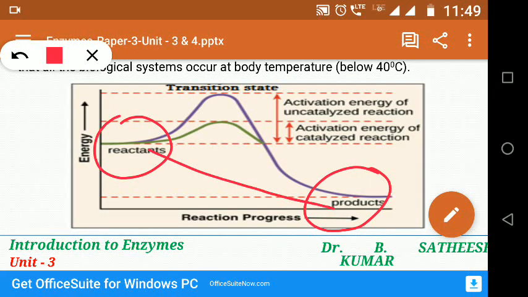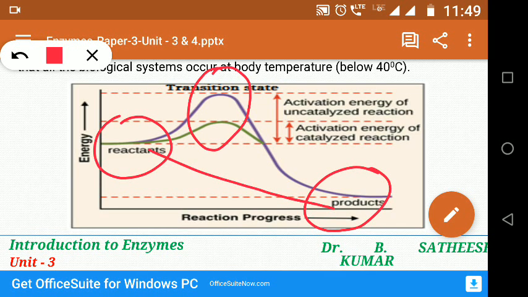But in fact, it does not take place spontaneously, because the reactants first of all must reach a transition state, the intermediate state. The transition state is here.